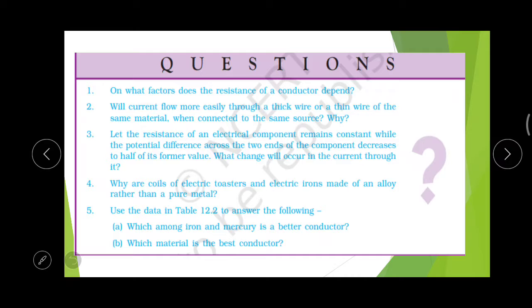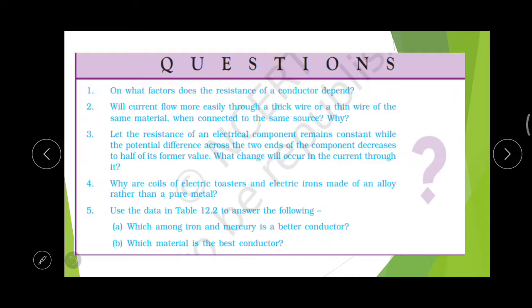Now the next one, that is, use the data of table number 12.2 to answer the following. So you just take table number 12.2. The first one is, which among iron and mercury is a better conductor? In the case of iron, the resistivity value is 10.0 into 10 to the power minus 8. But if you are comparing with mercury, the value is 94.0 into 10 to the power minus 8.